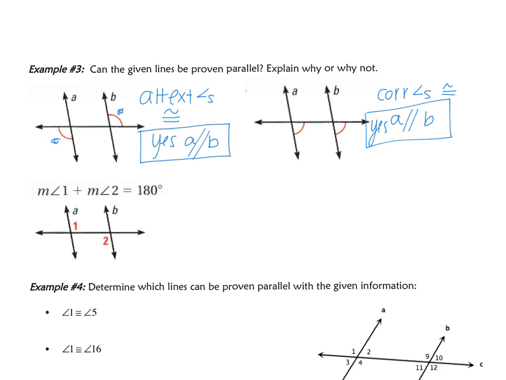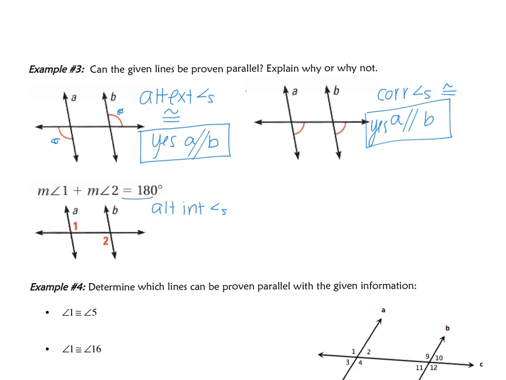Next one, angle 1 and angle 2, I'm told, equal 180, so they're supplementary. Let me first identify the type of angle. They're both inside and on opposite sides of the transversal. So these are alternate interior angles, and they're supplementary because they equal 180.